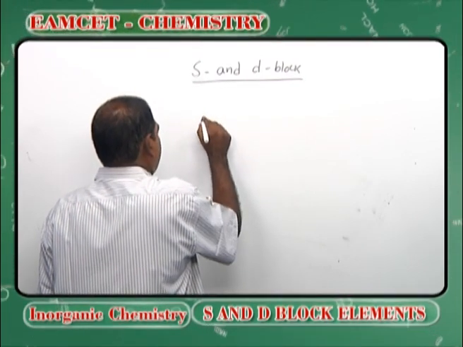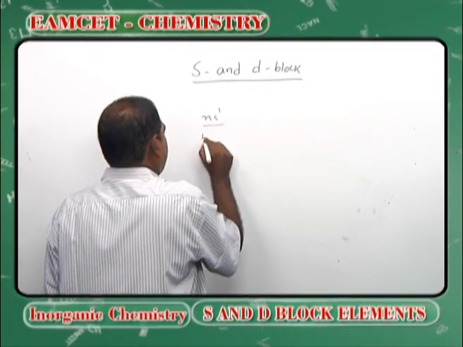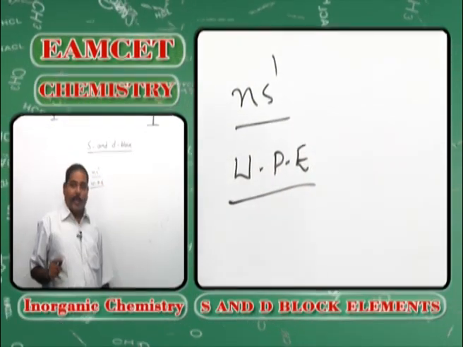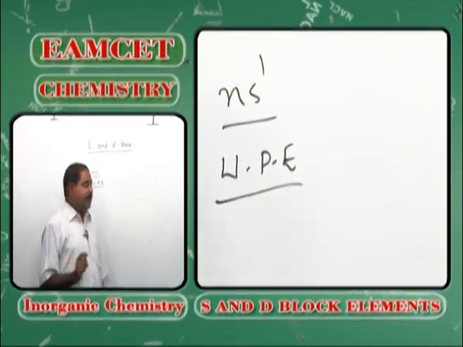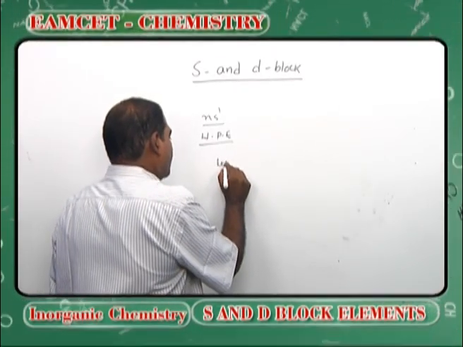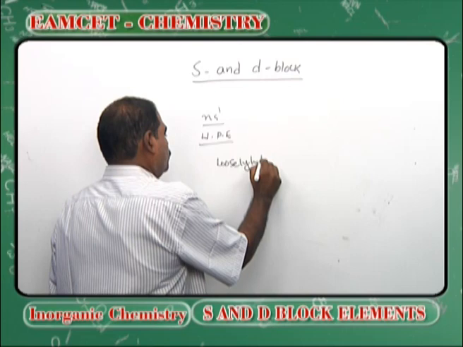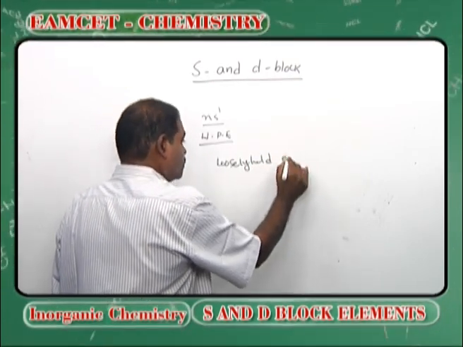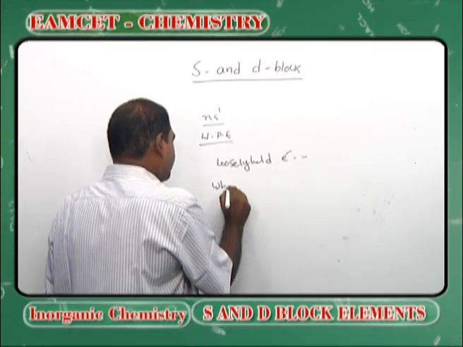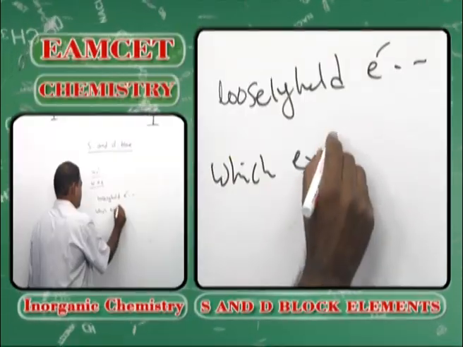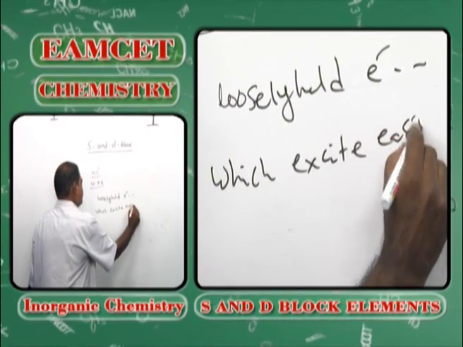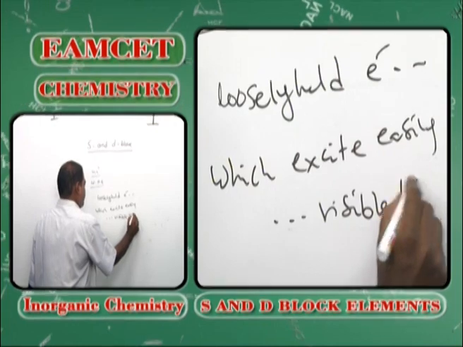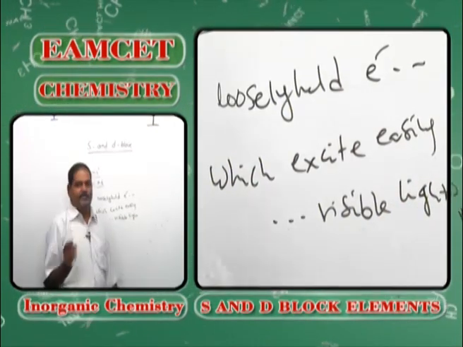Alkali metals have ns1, they have an unpaired electron. So, any substance containing loosely held electrons which excite easily, easily means by taking visible light, difficulty means by taking UV light.